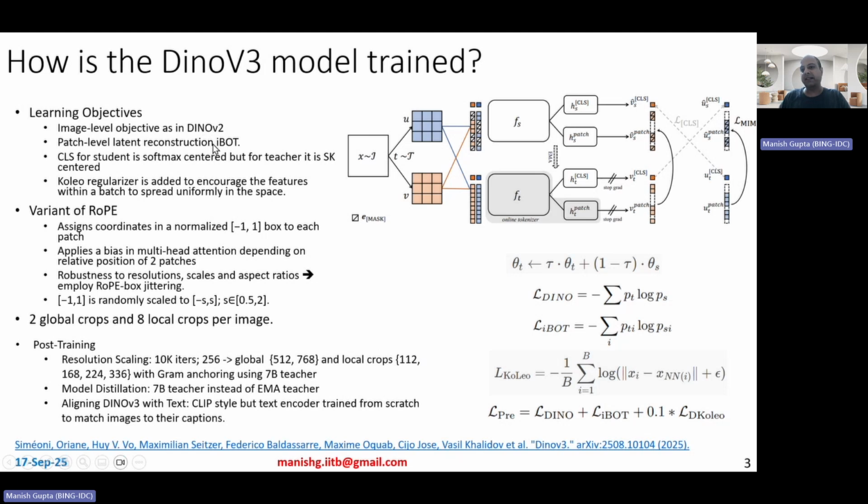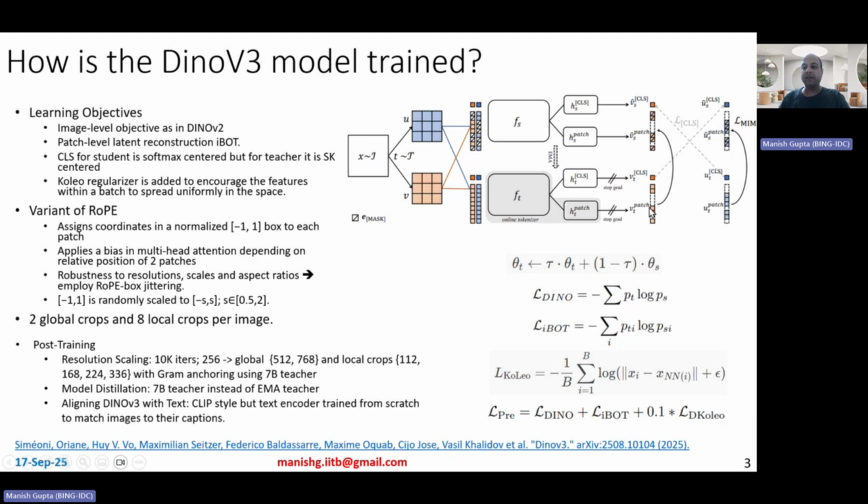Now, what is this patch level latent reconstruction objective? Well, here the idea is that when you come up with the reconstruction of the patch, you want to ensure that this reconstruction matches with the actual reconstruction that you can obtain from the teacher. Remember, the teacher is obviously better in some ways. Also, the teacher model does not have any masking being done here.